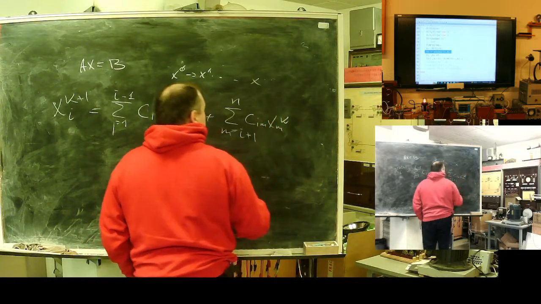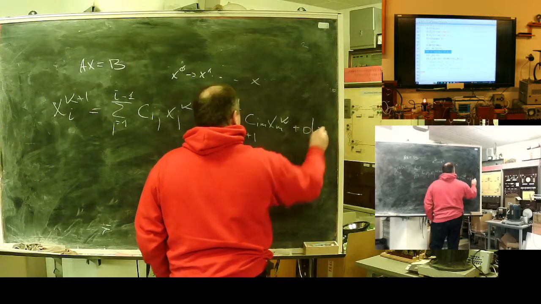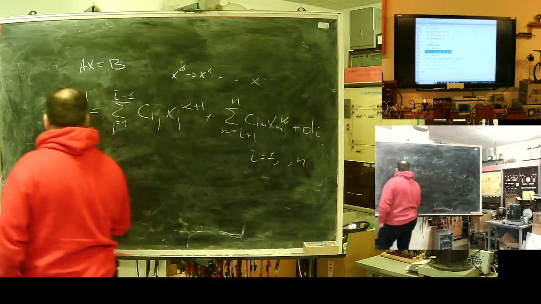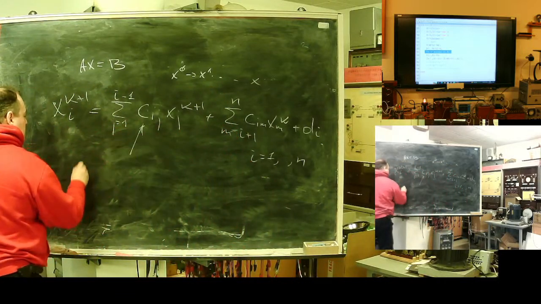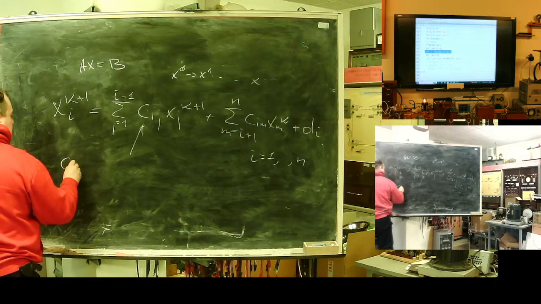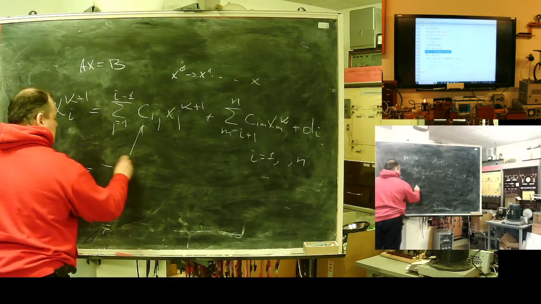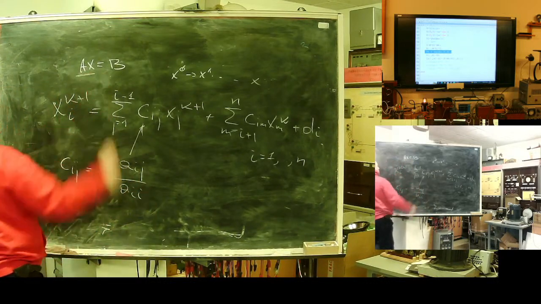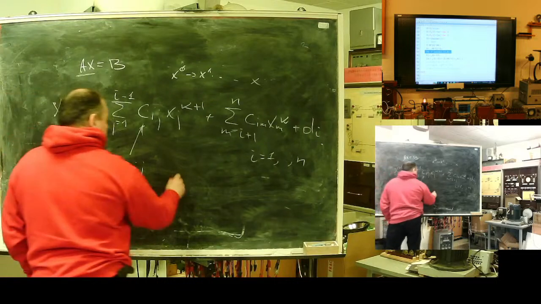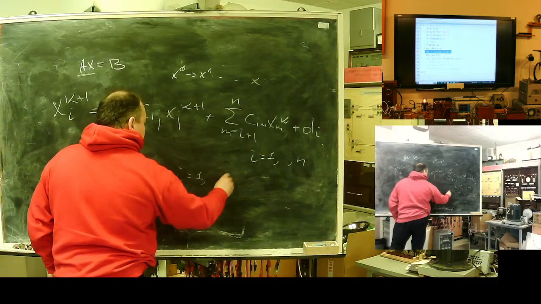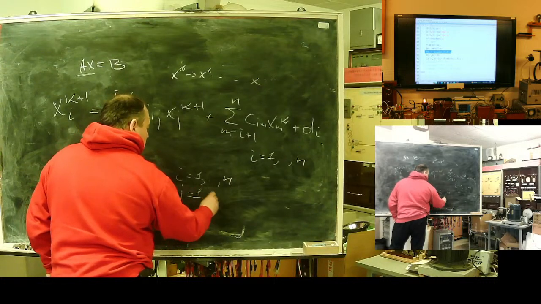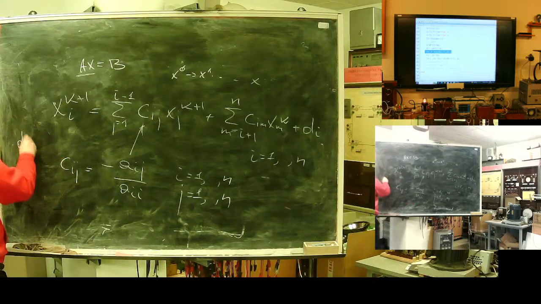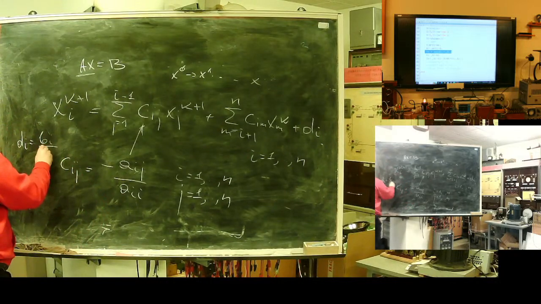x_m previous plus d_i, where i changes from 1 to the number of equations, and this c is calculated such that c_i dot is minus a_i dot divided by a_ii from the original A matrix, for each from 1 to the number of equations. d_i is b_i divided by a_ii.